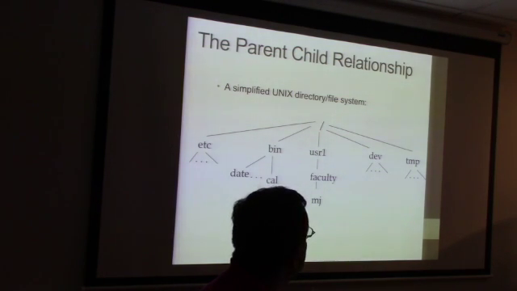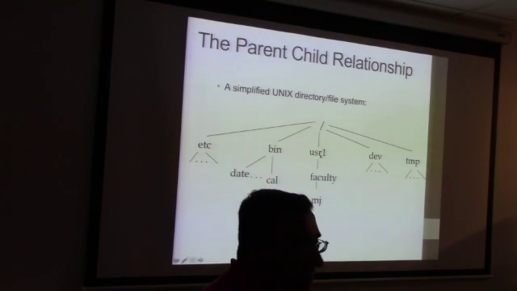For example, say you're in the bin directory and you want to get to the user directory. One way is cd /user1. Another way, if you're in the bin directory, is cd ../user1, which means take me one level up and then take me to the directory I'm talking about.